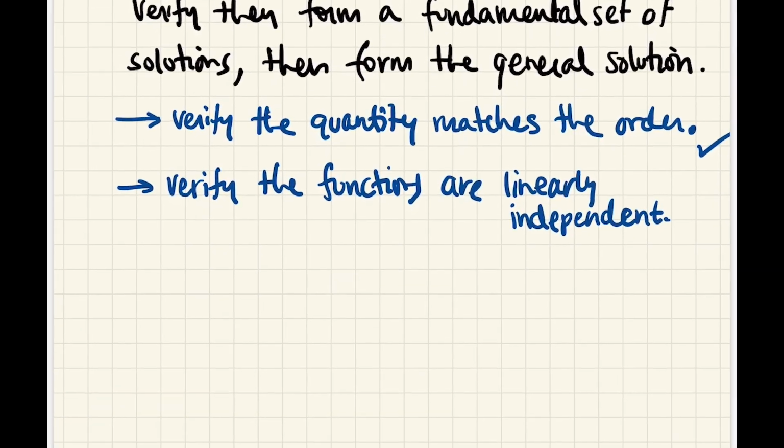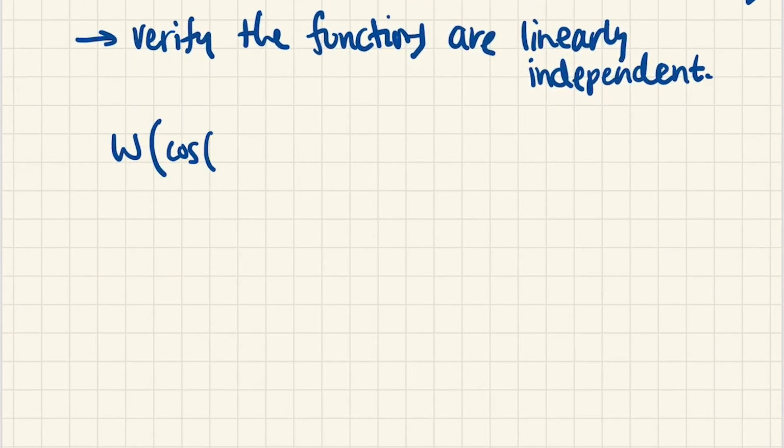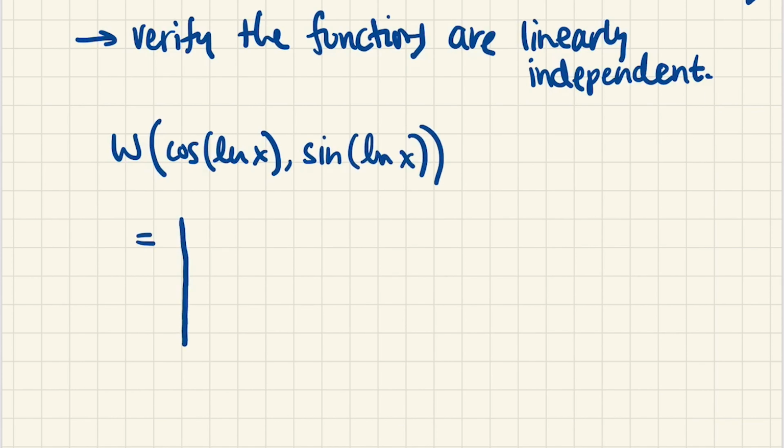Okay, well, I guess we should use a Wronskian for that. And we are hoping to get anything besides 0. This will be a 2x2 Wronskian. So we have cosine of ln x and sine of ln x. Okay, we'll take the derivative of each.